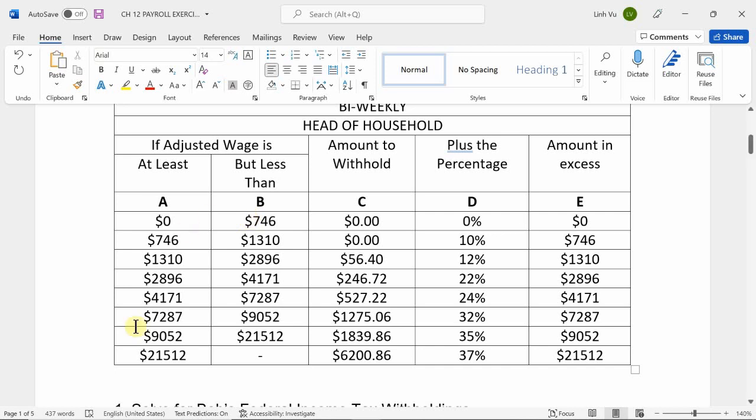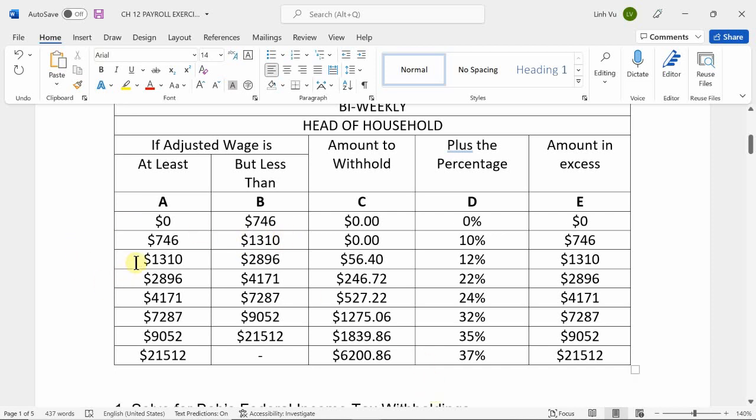No. Did he earn at least 746 and less than 1310? Yes, but he definitely earned more than 1310. He earned 1404.